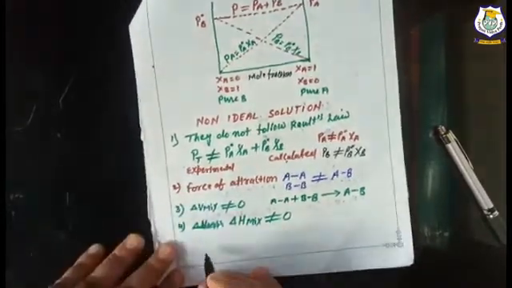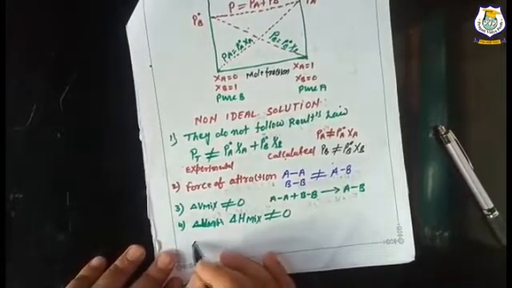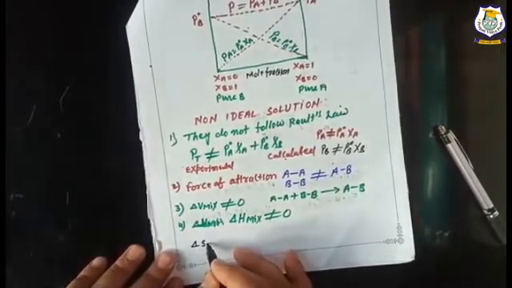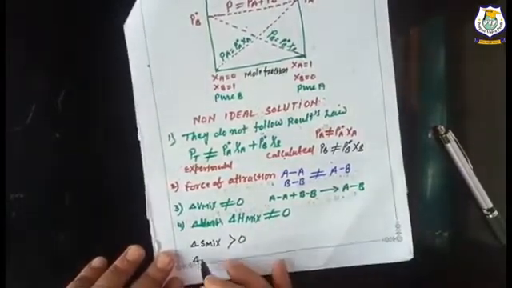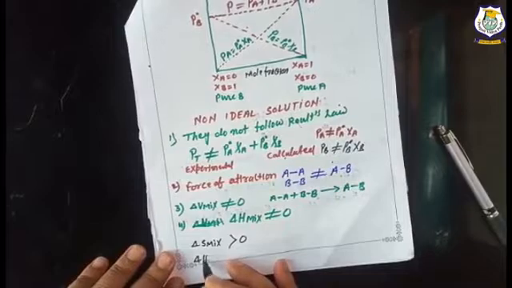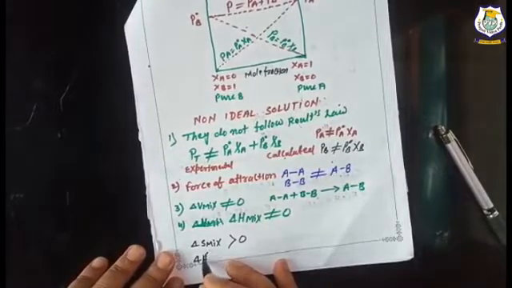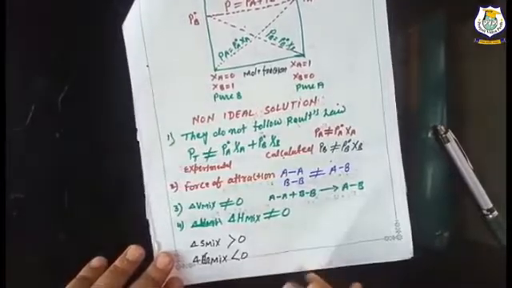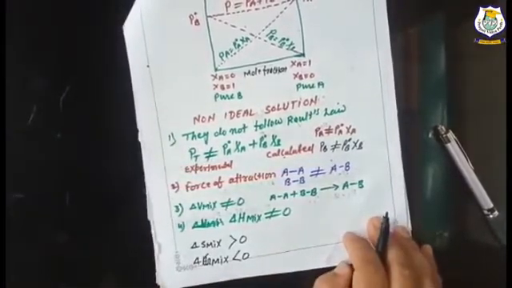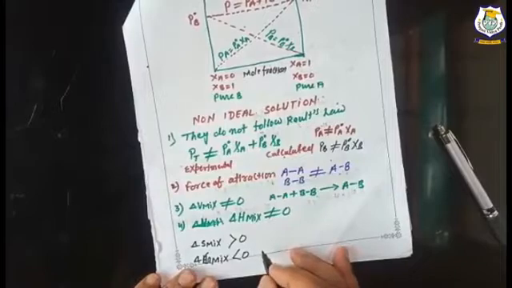But in the special case, the value of delta S mixing is greater than 0, and delta G mixing is less than 0, because the formation of a solution is a spontaneous process, and for a spontaneous process the value of delta G is always negative.